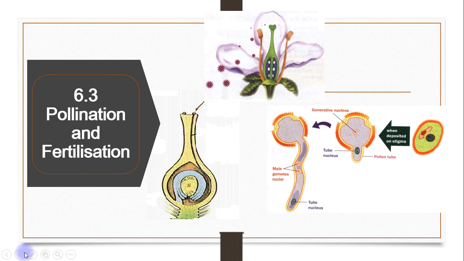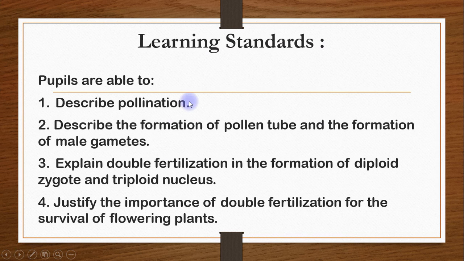Let's go to the learning standards that you have to cover for today. First, describe pollination. In Bahasa Melayu, pendebungaan. Number 2, describe the formation of the pollen tube and the formation of the male gametes.